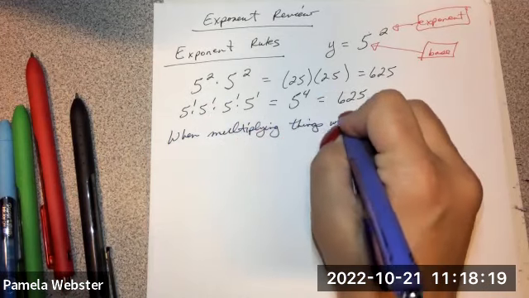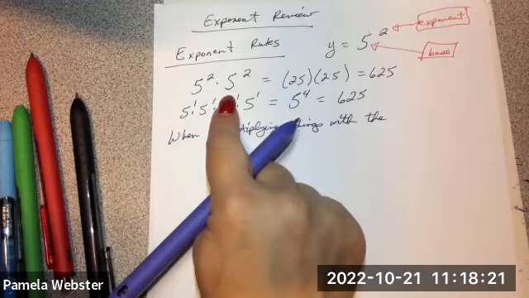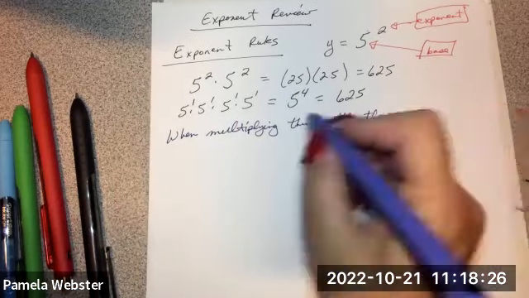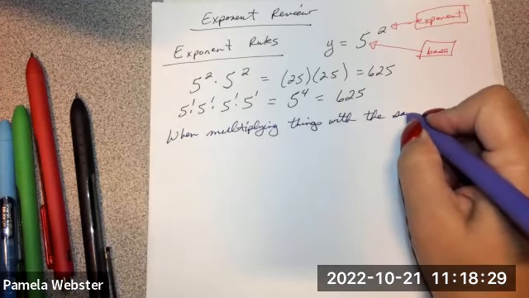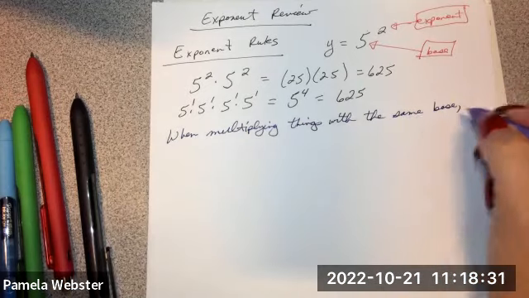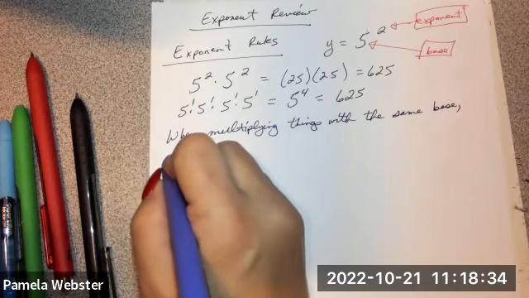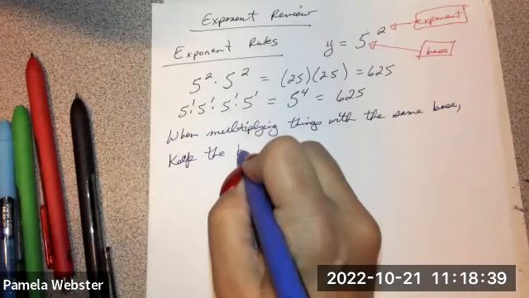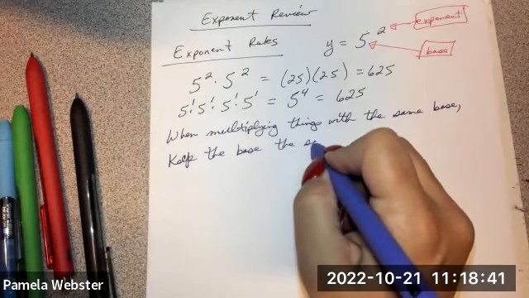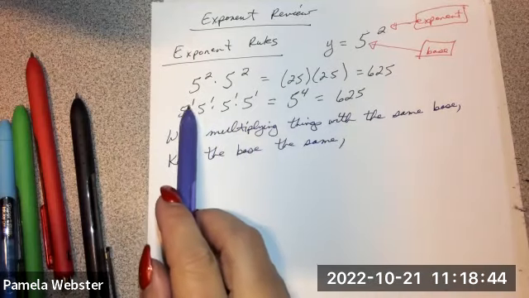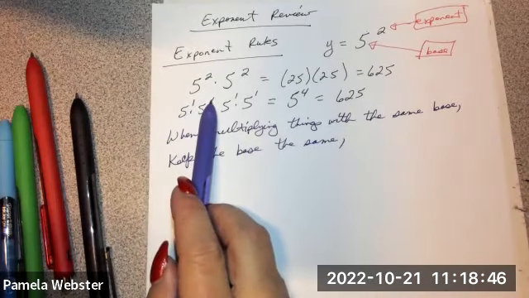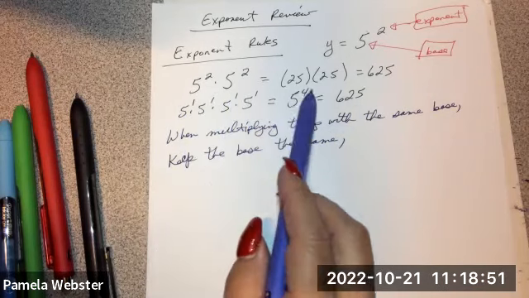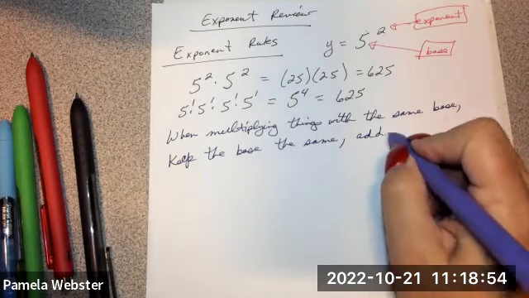So there's an exponent rule that says when you're multiplying things with the same base, you have to start with the same base. If this was 5 squared times 3 squared, I could not use this rule. I just have to multiply that out and see what I got. But when I'm multiplying things with the same base, the rule is to keep the base the same and add the exponents. 1 plus 1 is 2, 2 plus 1 is 3, 3 plus 1 is 4.